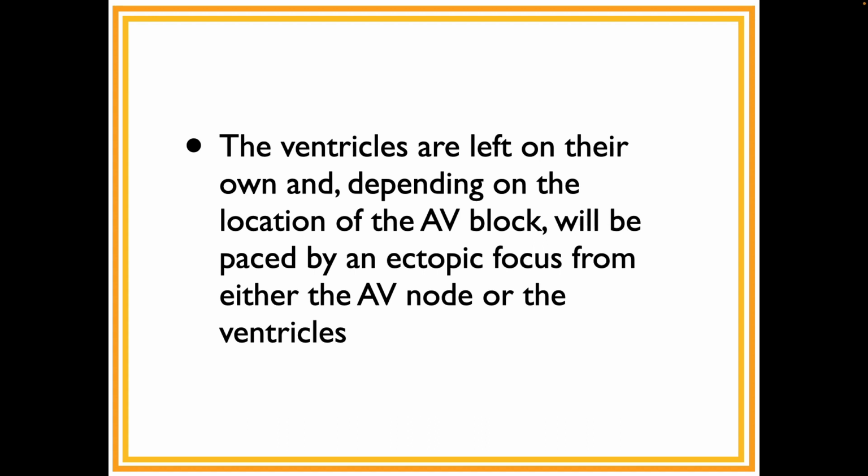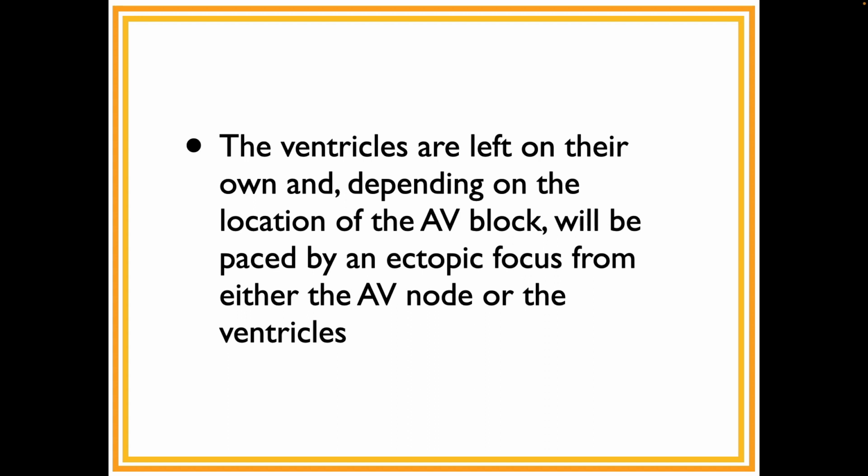Okay. There's another possibility. The block could actually be here, at the top of the AV node. It's still a third-degree AV block. It's still 100% complete block. All the impulses are going to come down and just die right here. But now, there's going to be a part of the AV node that hangs below the block.